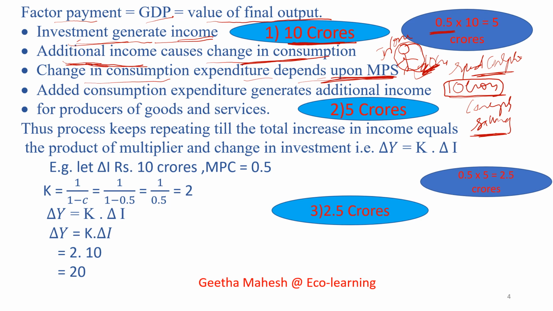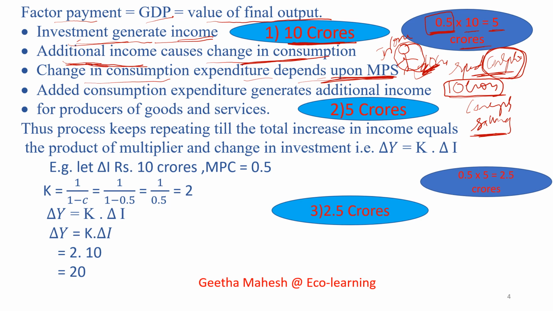Let us assume that out of whatever additional income he gets, 50%, that means 0.5, he will use for consumption purposes and 0.5 is going to be saved. If that is the case, out of 10 crores, he is going to use 5 crores for consumption purposes.